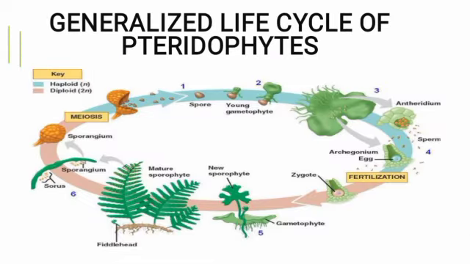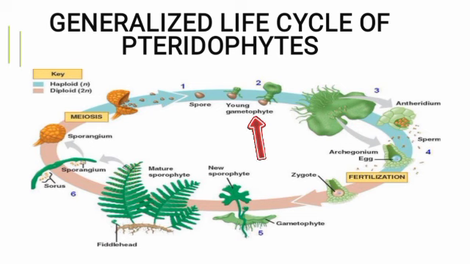This diagram shows the generalized life cycle of pteridophytes. The first phase, 1, 2, 3, 4, is the haploid phase, while the other phase, 5 and 6, is the diploid phase. It starts with a spore that comes from the sporangium. The spore germinates to give a gametophyte.